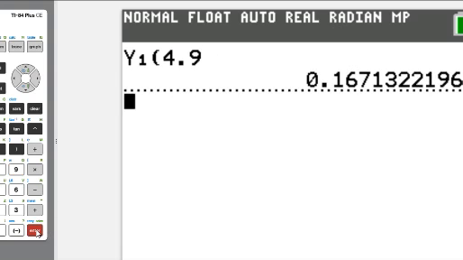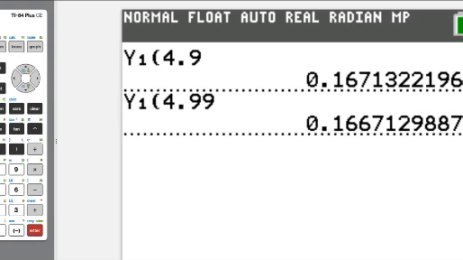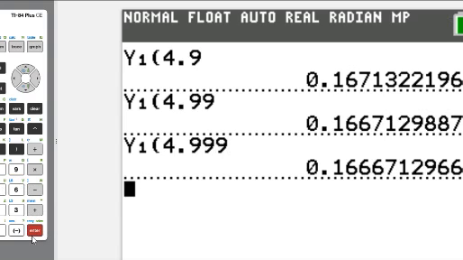There's our value. Now watch how nice this is. All you have to do is press second enter, and it comes right back up. And you just add another 9 or whatever you want to do. Enter. Second enter. Second enter, 4.999. This is a trick that I just learned the other day, trying to help all of you get better. What if I want to do one of the ones from 5?